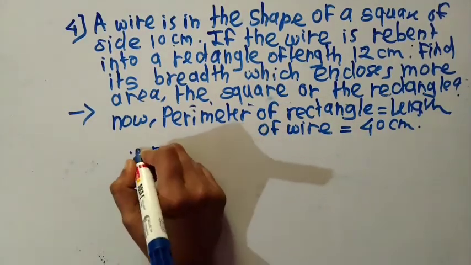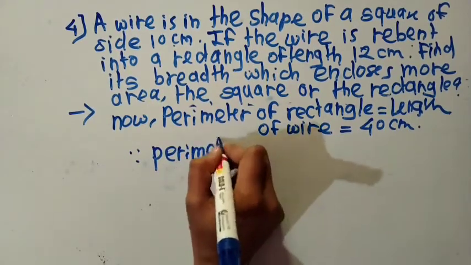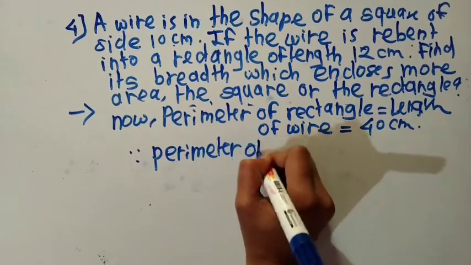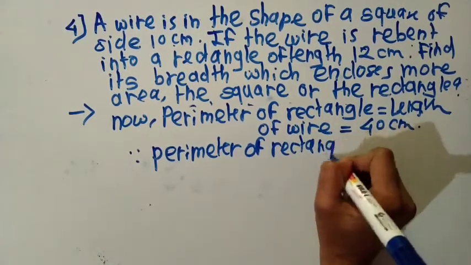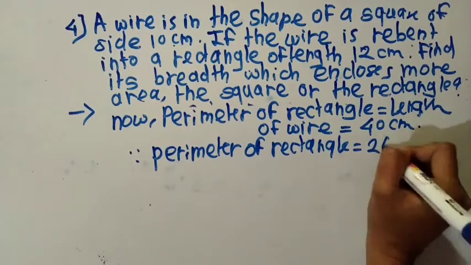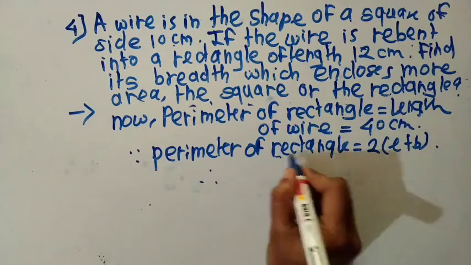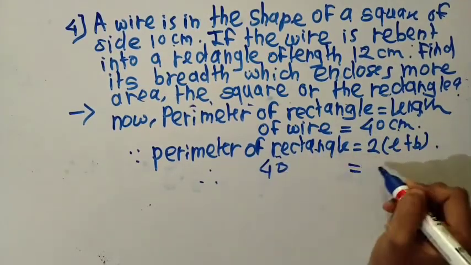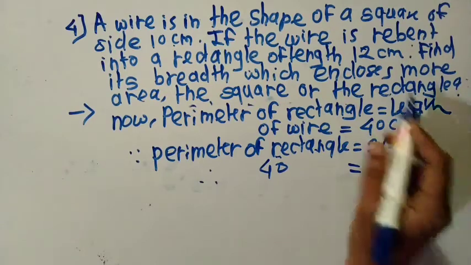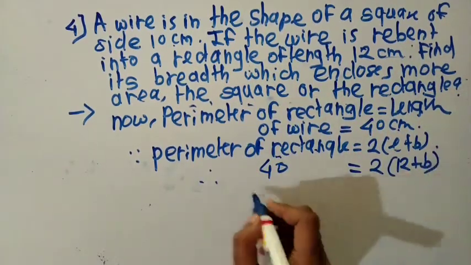Since the formula, perimeter of rectangle is equal to 2 into length plus breadth. Hence perimeter of rectangle means 40, 2 into length of rectangle 12 plus breadth.